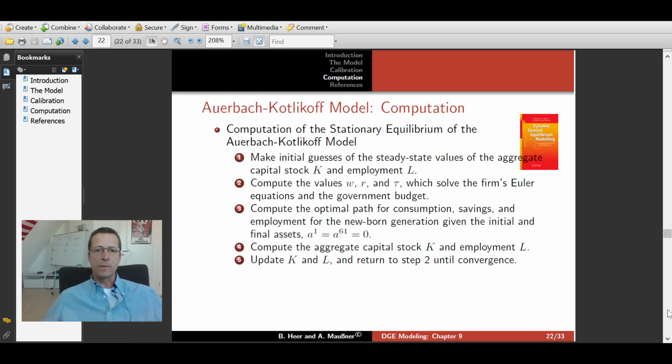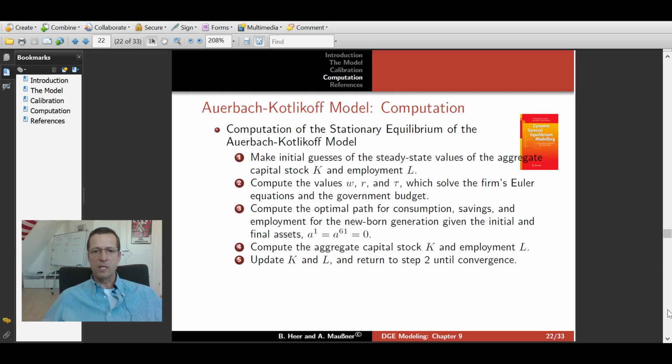Therefore, we use the following algorithm. We first provide an initial guess of the aggregate variables K and L. With the help of these variables, we can compute the factor prices W and R from the first order conditions of the firm, and tau with the help of the government budget.